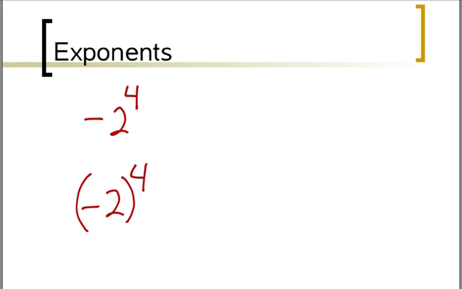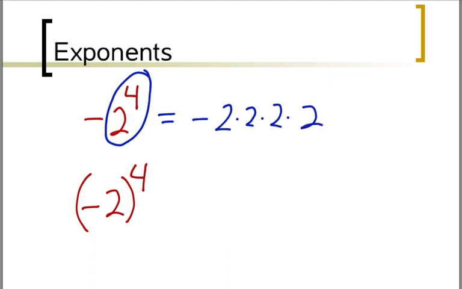For example here, we've got -2 to the fourth. If I work that out, what I'm supposed to do is actually take the 2, raise it to the fourth power, and then put a negative in front of the answer. So what that would look like is a -2 times 2 times 2 times 2. And then if I work that out, I would get -16.